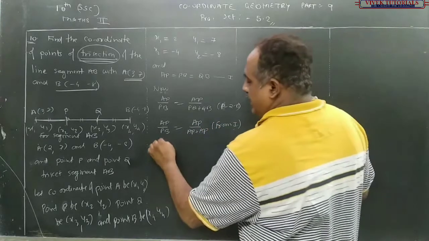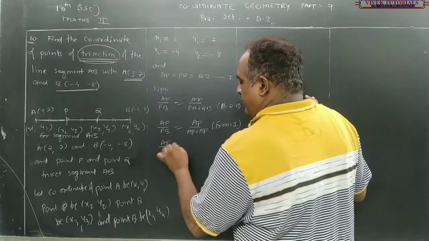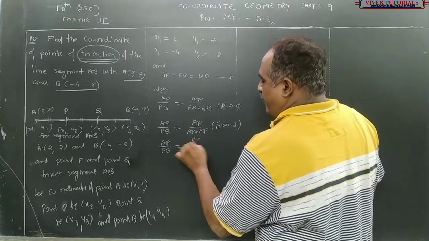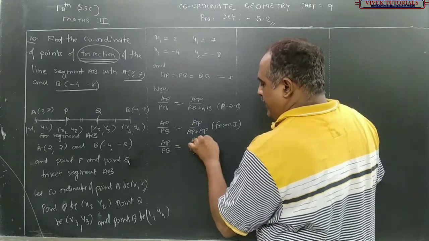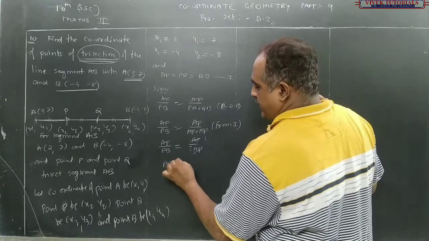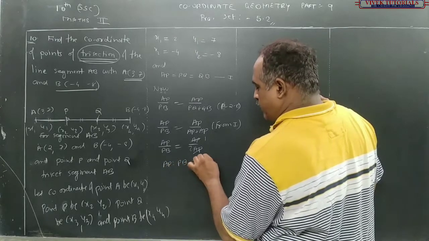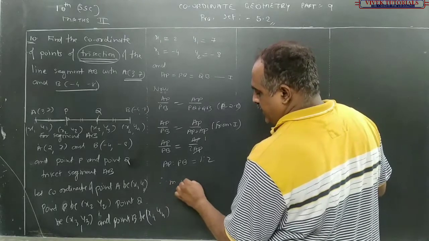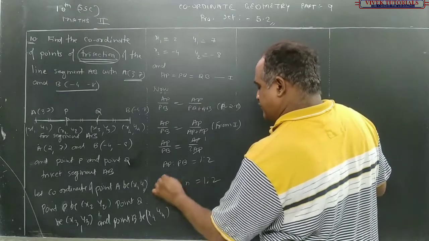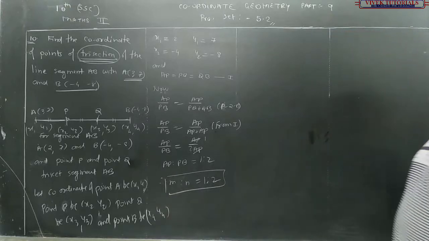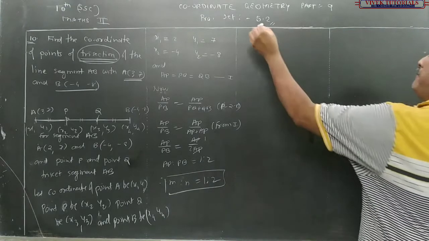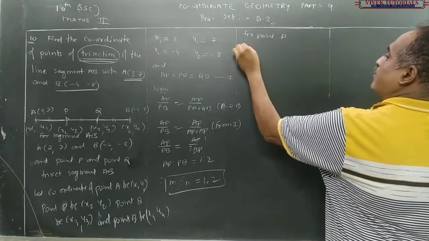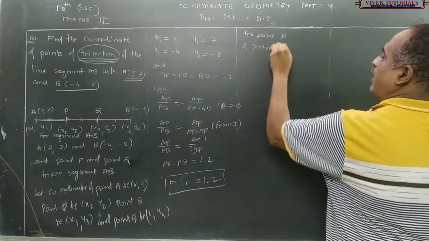So AP upon PB is equal to AP upon 2AP. AP gets cancelled. So AP is to PB is equal to 1 is to 2. Or I can say m is to n is equal to 1 is to 2. Have you understood this? Then for point P by section formula.